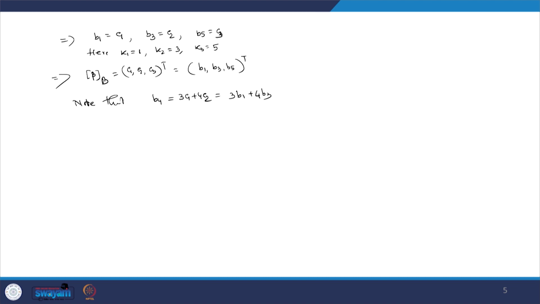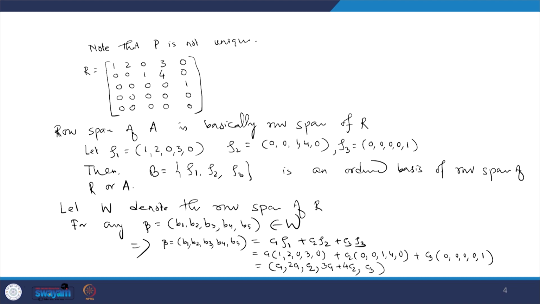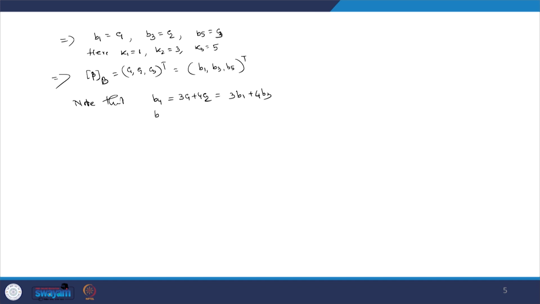So, this is one, and another one is B2 equal to 2C1. This implies that B2 is equal to 2 times B1.